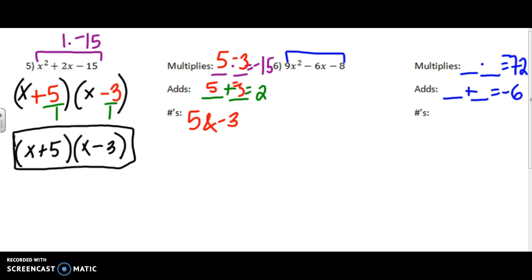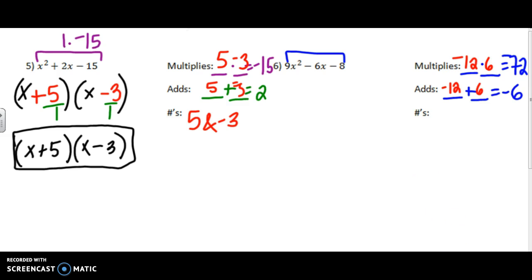So you have to make sure when you're making your little list, you start with 1 and 72, 2 and 36, and you keep going so that you don't stop short of the ones that you need. If you make that little list, it should help you, and you should come up with -12, +6 would be your 2 numbers. That when you multiply them, you get -72, and you add them, you get -6.